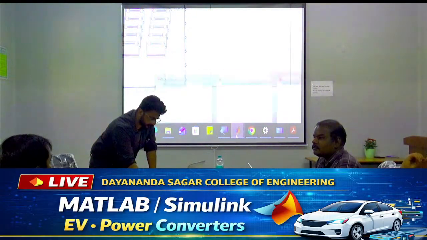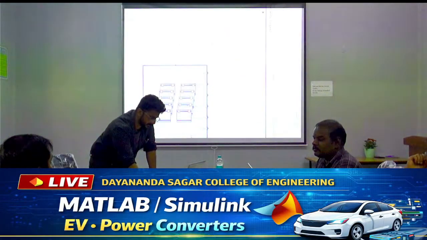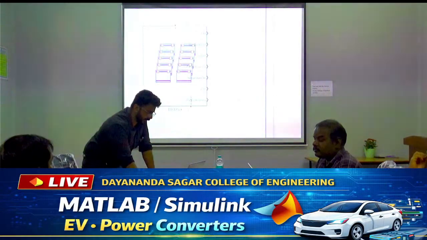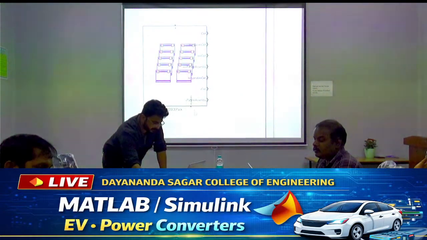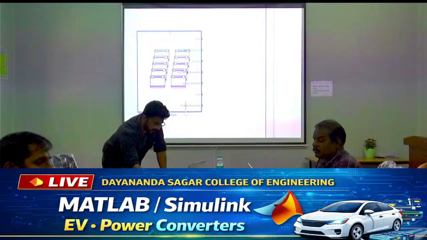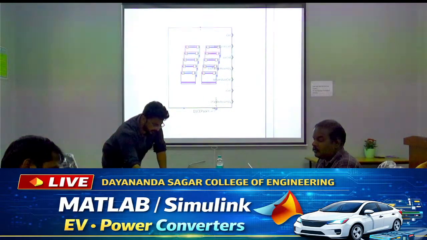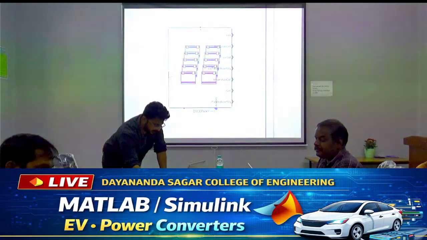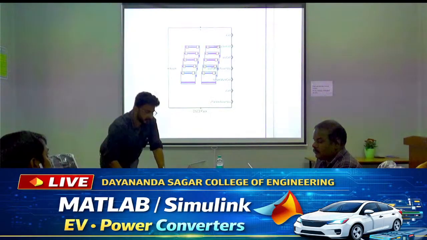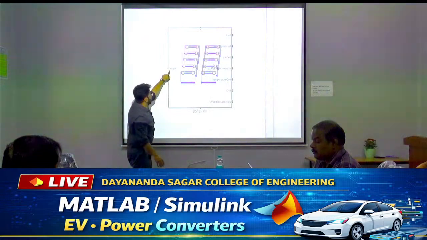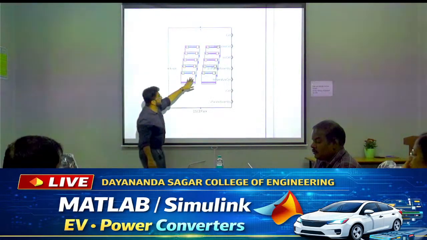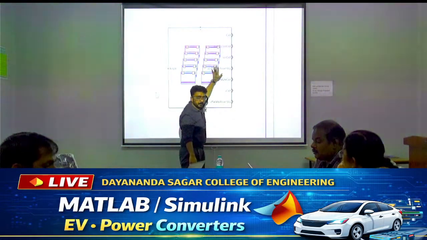Now I have just opened this, and as I told you, you can see 3 major terminals are there. I'll just move this terminal to the other end so that you can see it clearly. This is the electrical terminal, this is the thermal port, and this is the output port which we can measure from the battery.